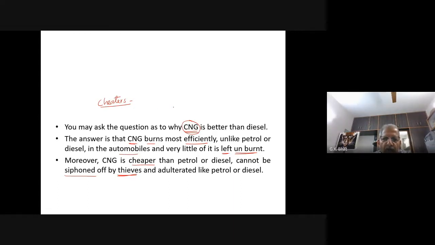But you come to know later that it was not giving that much mileage. You may know that many cases were reported where, in the petrol bunk itself, instead of putting in 1000 ml, they put about 900 or 950 ml, thereby stealing 100 or 50 ml while putting in the petrol. This type of stealing cannot be done with CNG.